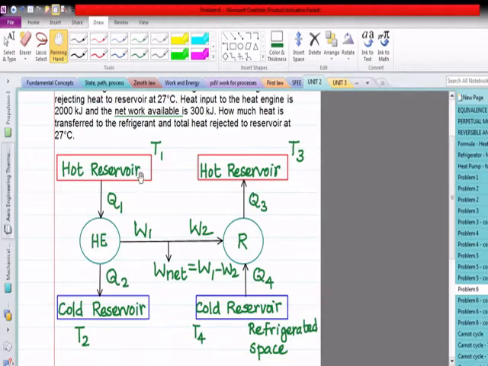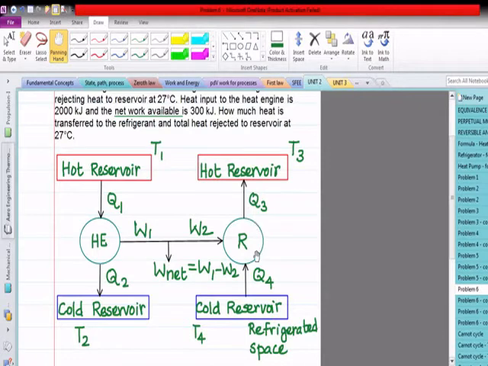For the heat engine, the hot reservoir temperature is T1 and the cold reservoir temperature is T2. Heat received from the hot reservoir is Q1 and heat rejected to the cold reservoir is Q2. W1 is the useful work output from the heat engine.